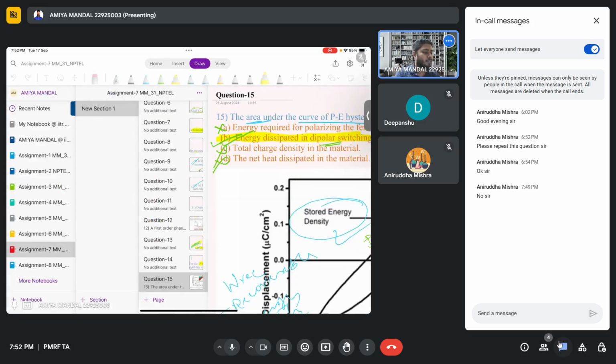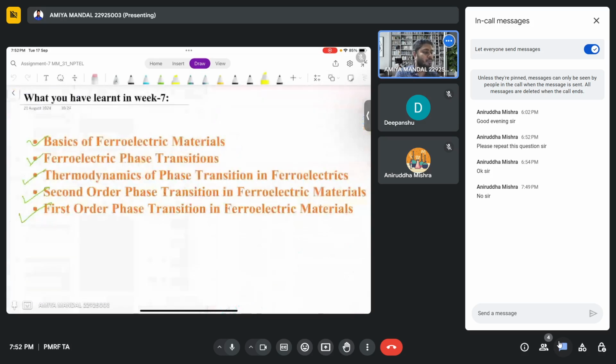In week 7, you learned about basics of ferroelectric materials, phase transitions of ferroelectric materials, thermodynamics of phase transitions, second order phase transition, and first order phase transition.